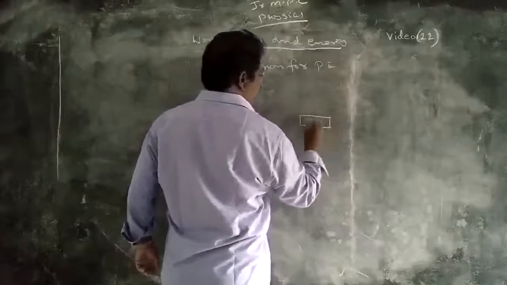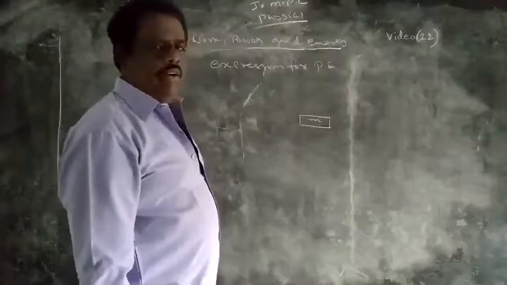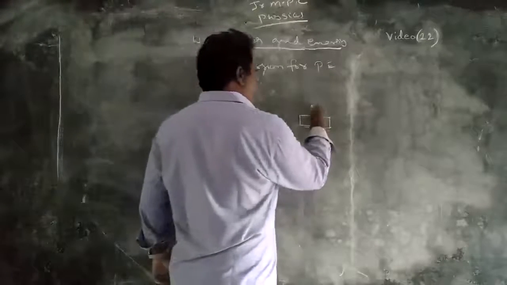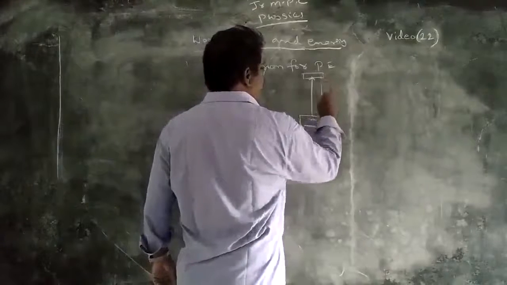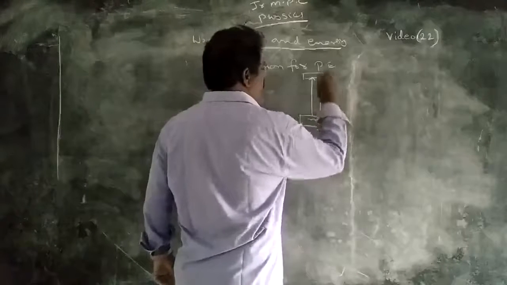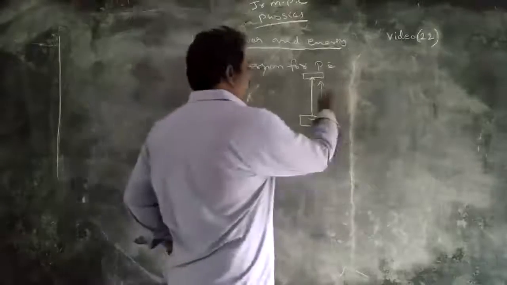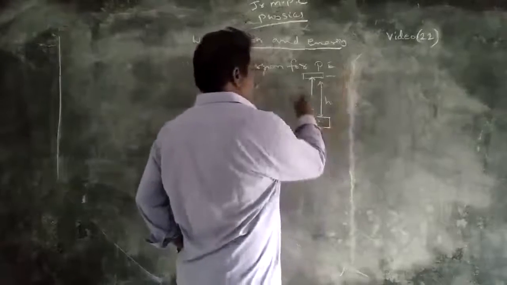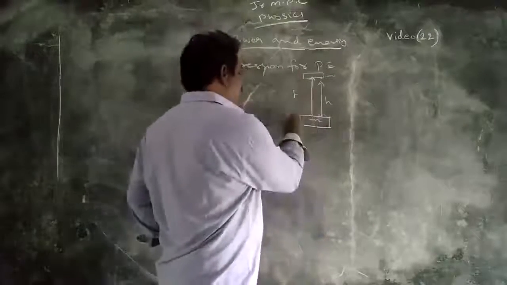Let us consider a body of mass m lying on the ground. Suppose it is lifted to a certain height h from the ground, by applying a force F against the gravitational force.